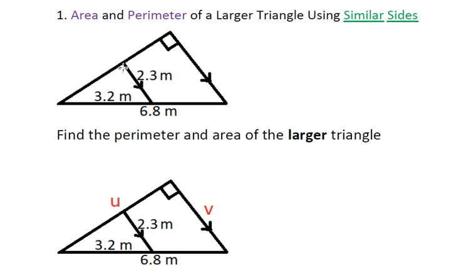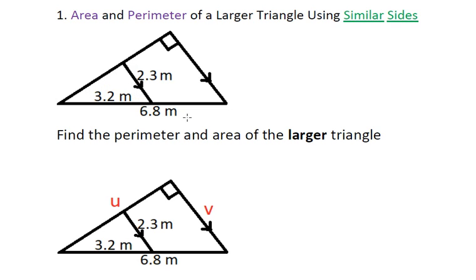So we've got two similar triangles and several similar sides. The only difference to this website is we've taken the actual triangle itself and put the little triangle right inside the big triangle.